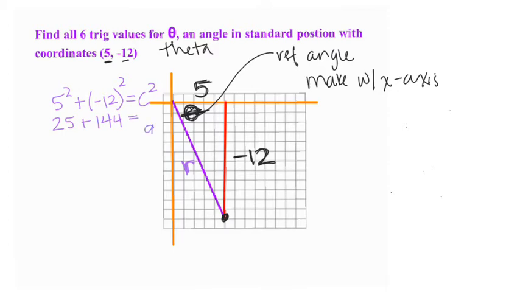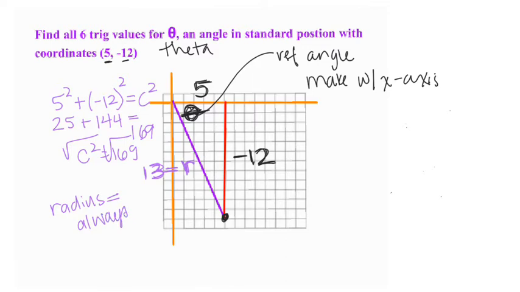Equals, and then you get 169. So r squared equals 169. R then equals positive 13. So the hypotenuse, or that radius, is always positive. Okay, it's happy. It's always positive.